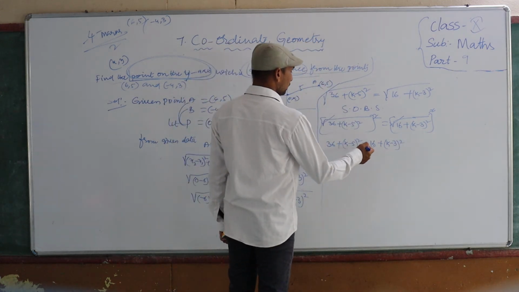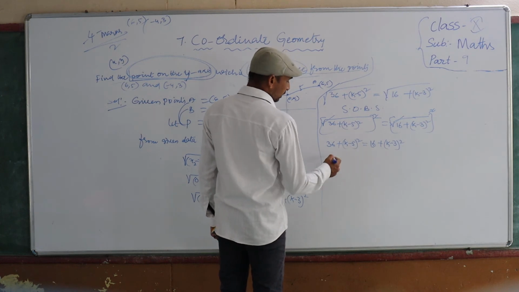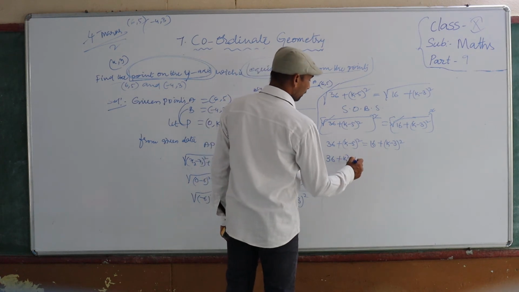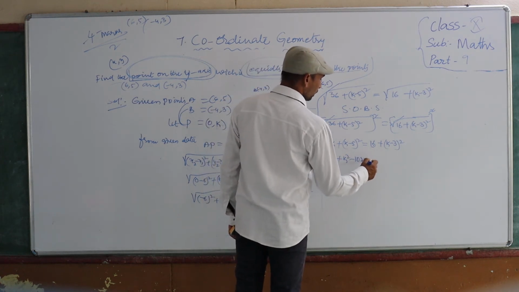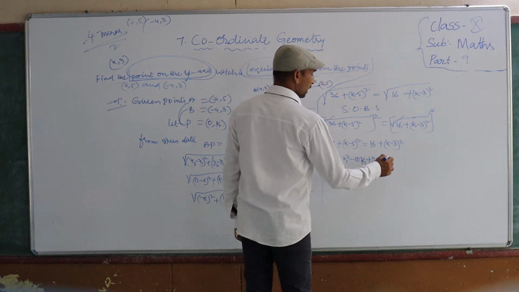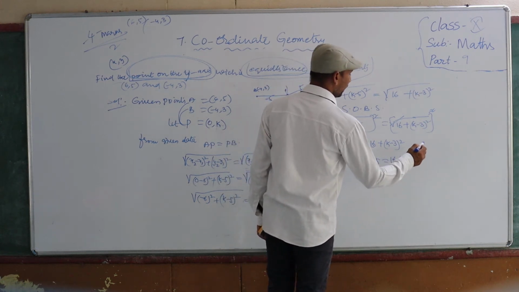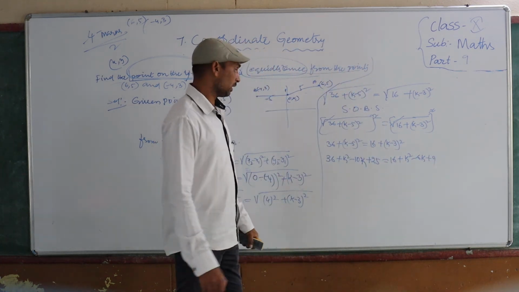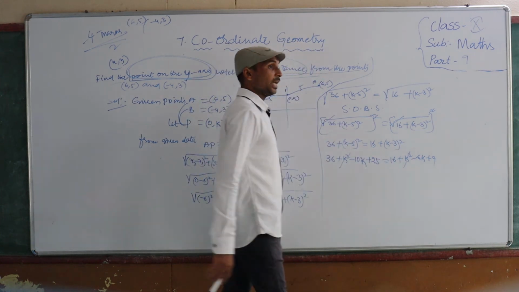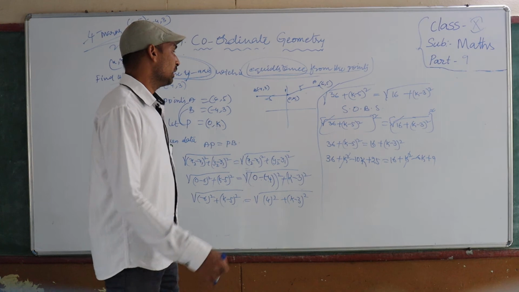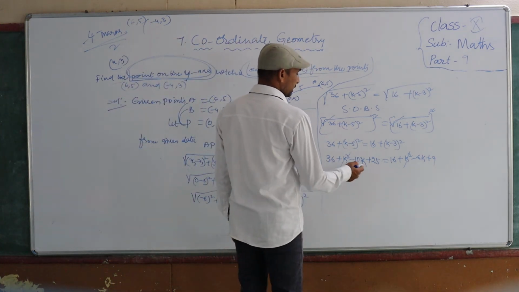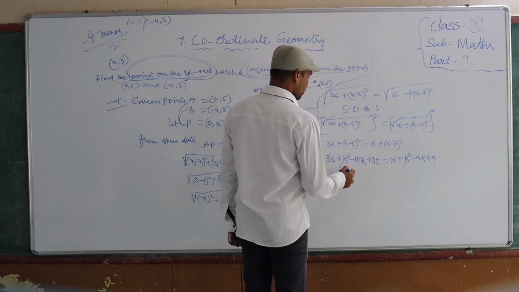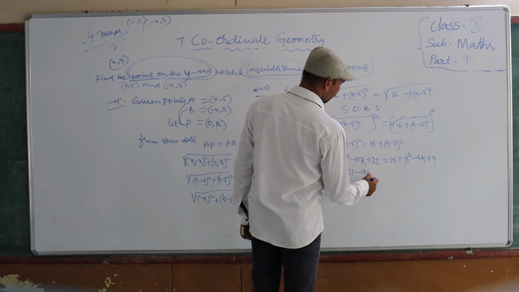Right. So simplify: (a minus b) whole square is a square minus 2ab plus b square. Same like that, k square minus 10k plus 25 for (k minus 5) whole square, and k square minus 6k plus 9 for (k minus 3) whole square. Already I told you both sides have the same signs with the same variables. So 36 plus 25 is 61, minus 10k.